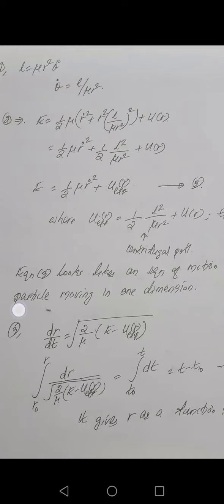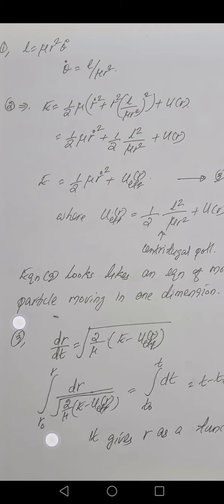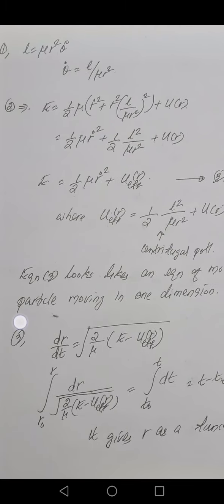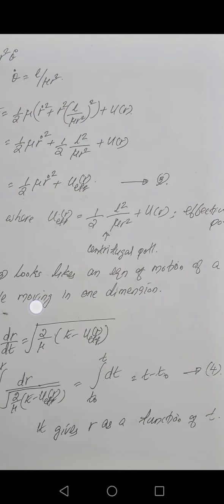So the integral from some initial value r0 to r of dr by square root of 2 by mu (E minus u effective of r) is equal to the integral from t0 to t of dt, which is t minus t0.